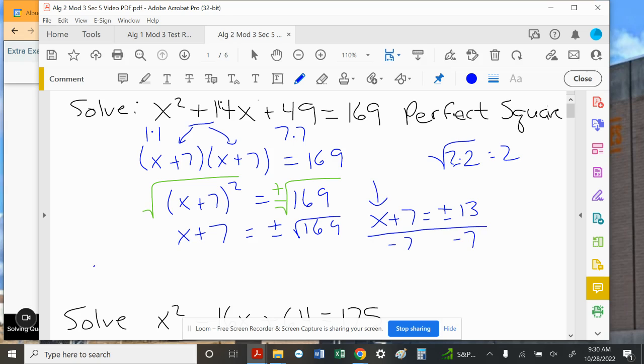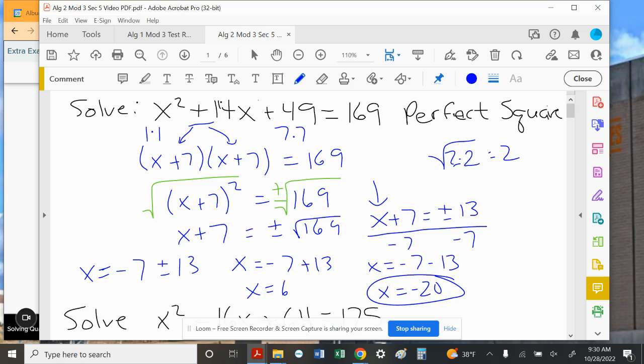When I do that, I get x equals, and we always put the number in front and the plus or minus behind, so negative 7 plus or minus 13. And that gives us two answers: x equals negative 7 plus 13, and x equals negative 7 minus 13. So that gives us x equals 6, and x equals negative 20. And that's how we solve those types of problems.